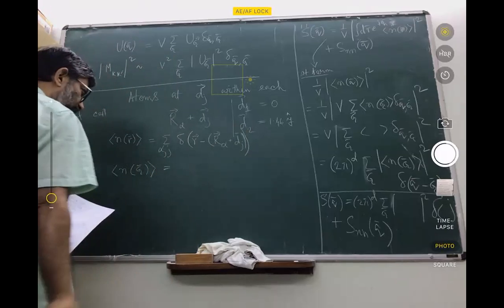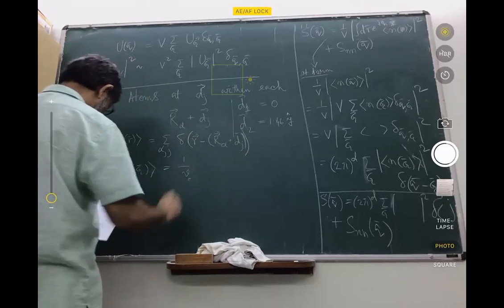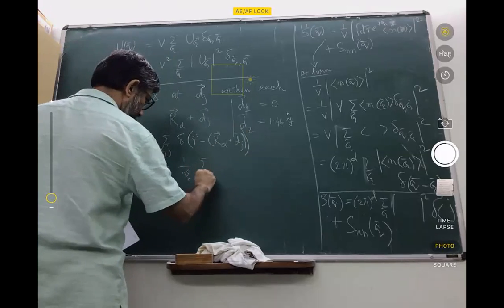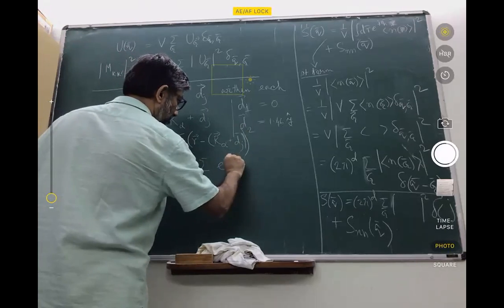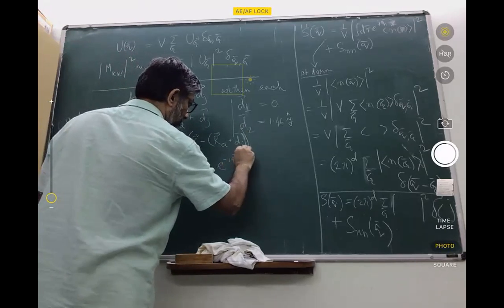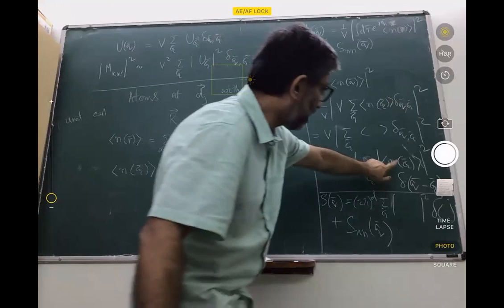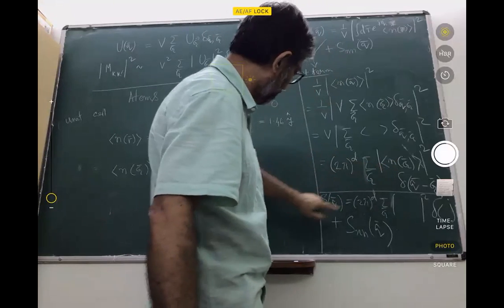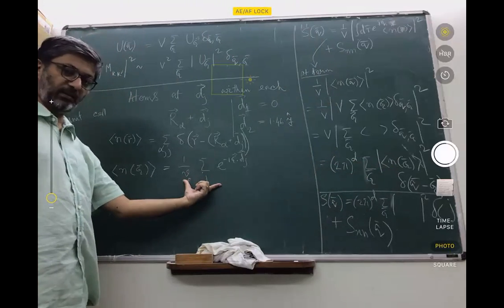And what we'll find, I made that for you to figure out, is this. So the N(G) that goes into this evaluation of S(Q) would have this.